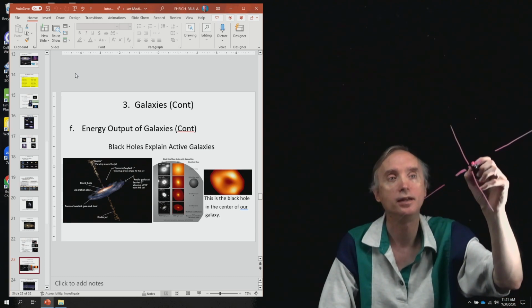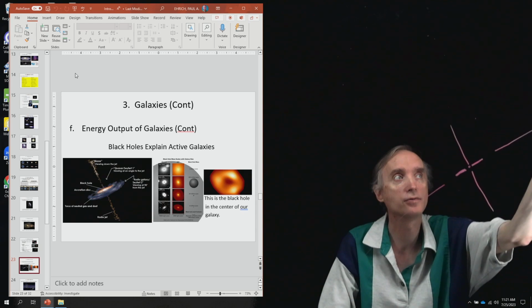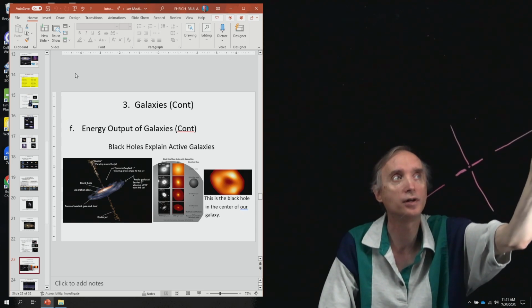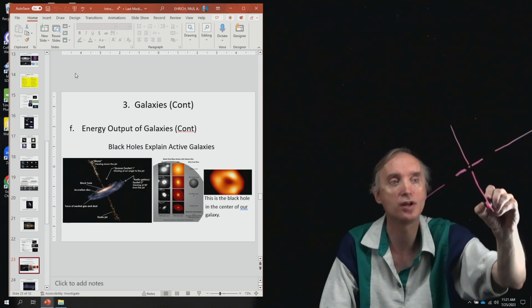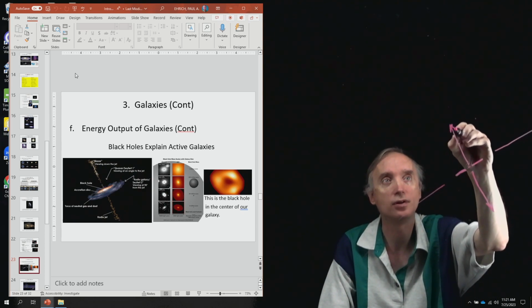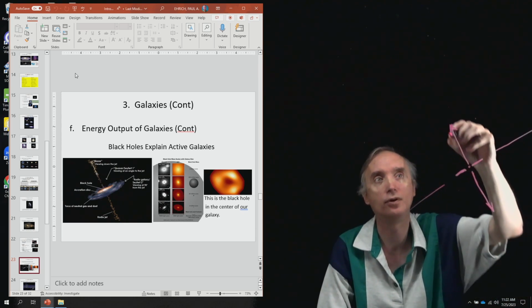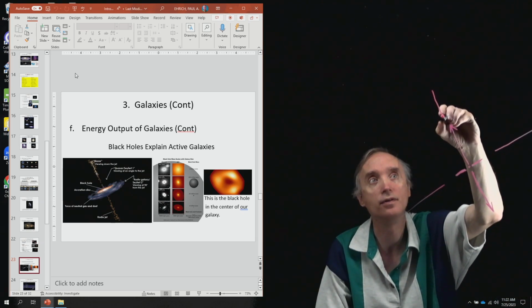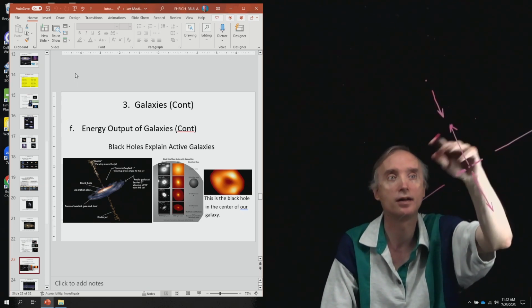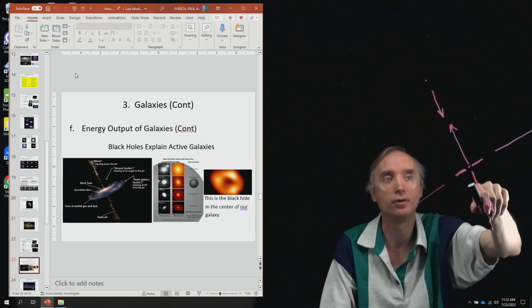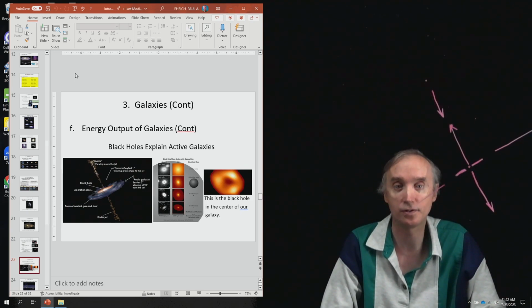Okay, then if the Earth happens to be located out here somewhere, and you're looking in this direction, you're going to see these two magnetic jets. And so you're going to see a radio galaxy. But on the other hand, if you are looking in this direction, let's say the Earth is over here, and you're looking down the barrel of the magnetic field, then you're going to see a blazar.